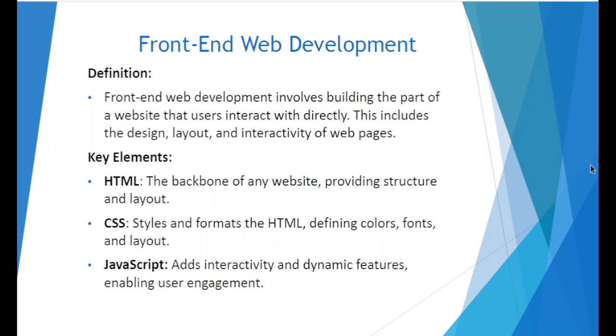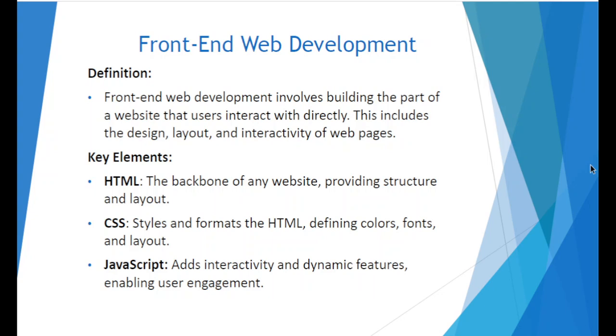Front-end web development is basically things that you can see. When you go to a website, the colors of the page, the styling of the text and all those things. Basically, the visual things you can see are said to be front end, the things that you can literally see. So that's what front-end web development is all about.